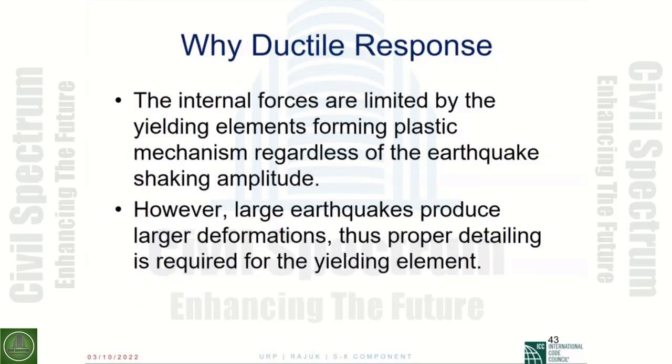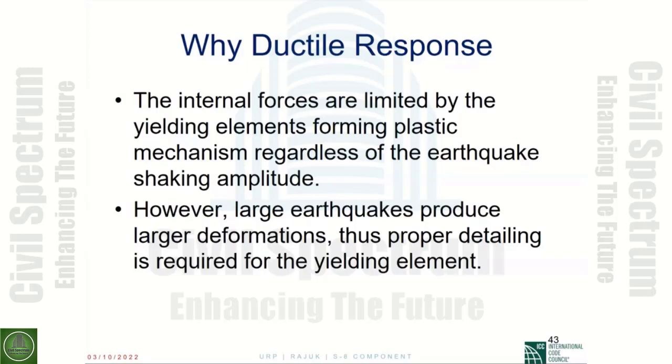Why do we need to do that? Because we can limit the internal forces to the ultimate capacity of the plastic mechanism at that element, regardless of the earthquake shaking. Pay attention that, as I told you before, if you have a larger earthquake, even though the force is the same, you will have a larger deformation.